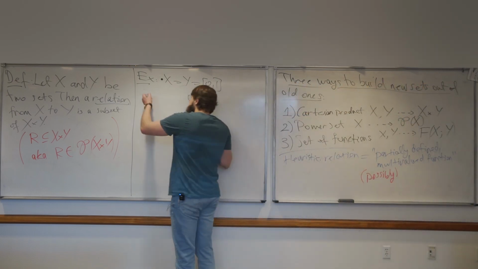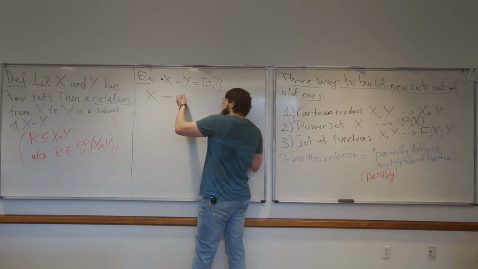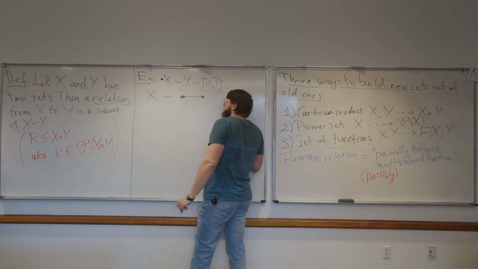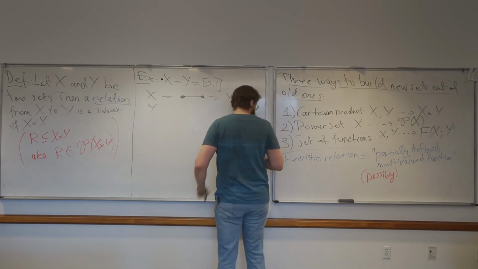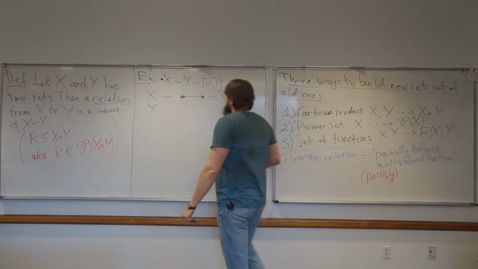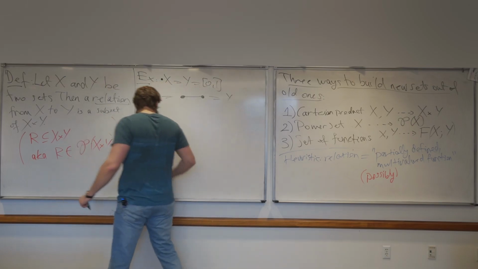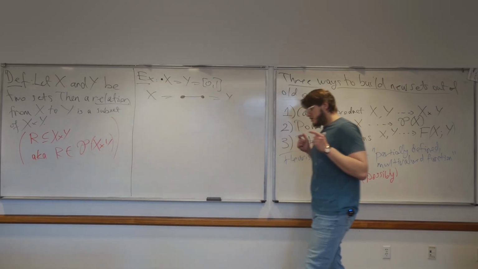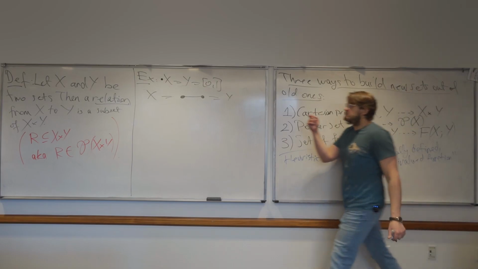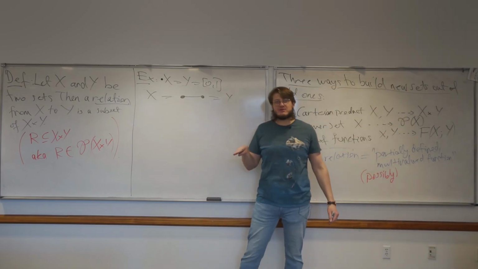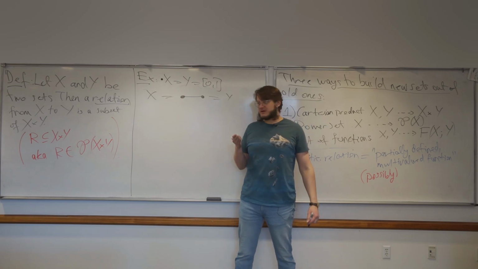So what is the intuition, of course? X is a segment like this, and so is y. The useful caricature for x times y often is to think of x as the horizontal variable and y as the vertical variable.